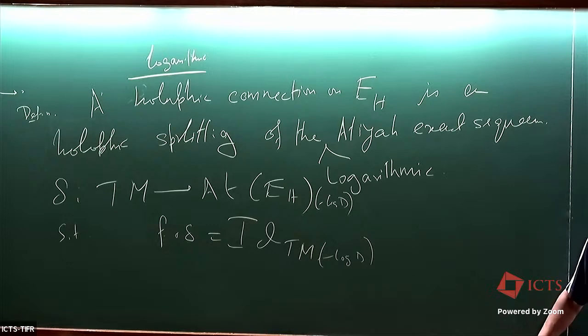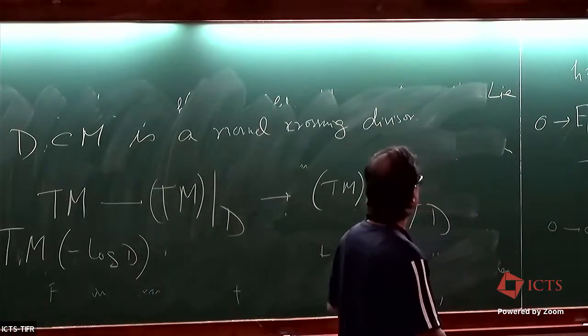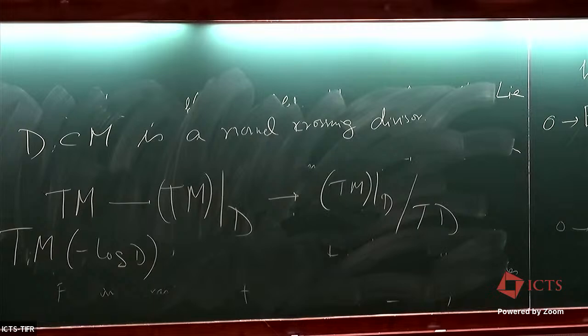A normal crossing divisor has smooth components. I have to take smooth components, otherwise minus log D is messy, because I took the kernel. You will not get a vector bundle; you will get a sheaf. What was the question?